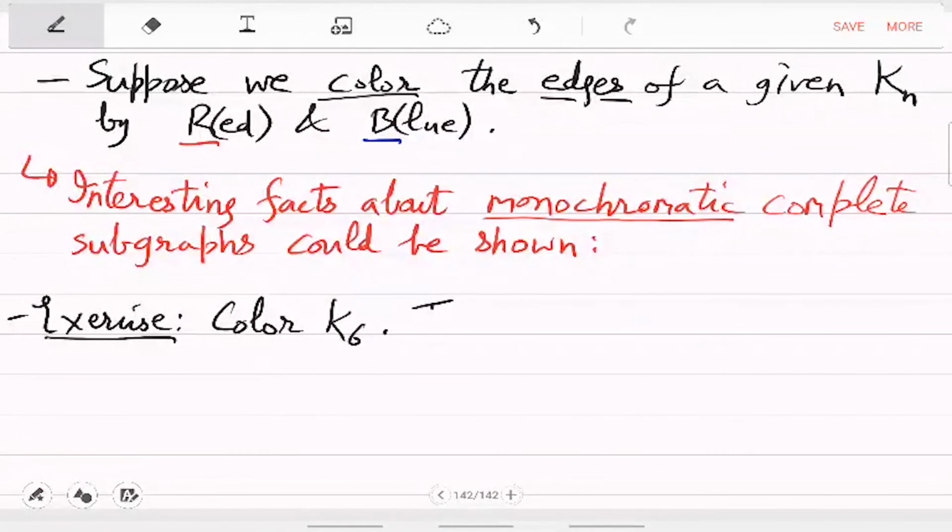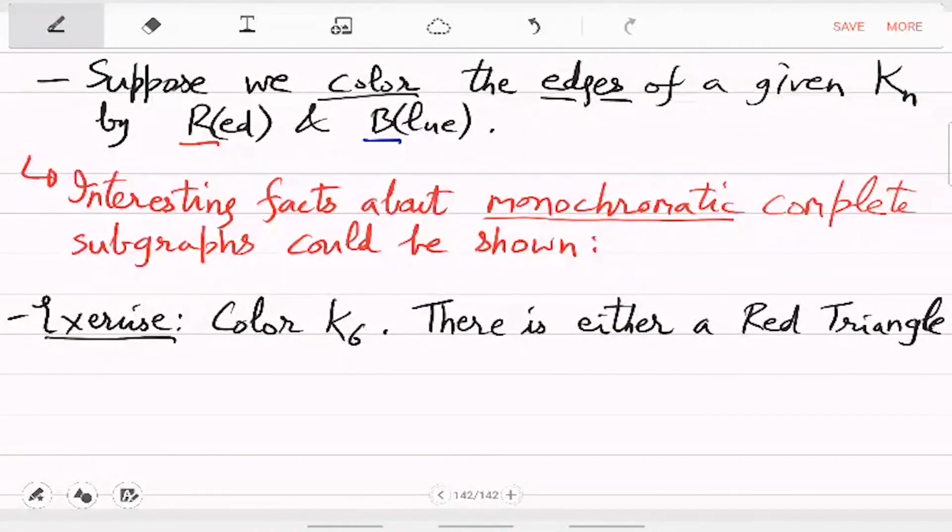There is always either a red K3, which means a triangle, or a blue triangle.